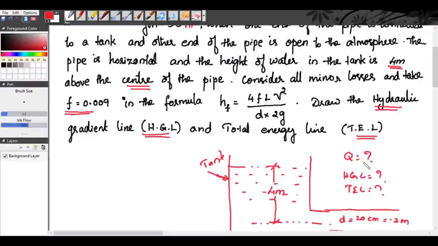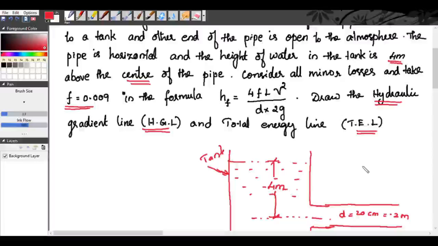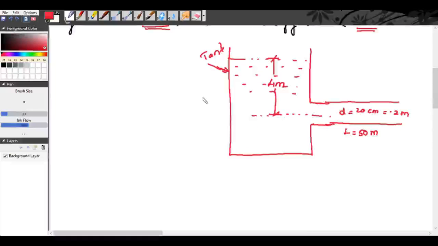So I will remove this because here only we are going to draw the lines. Now we will write the given data. The diameter of the pipe D is given as 20 centimeter, that is equal to 0.2 meter.